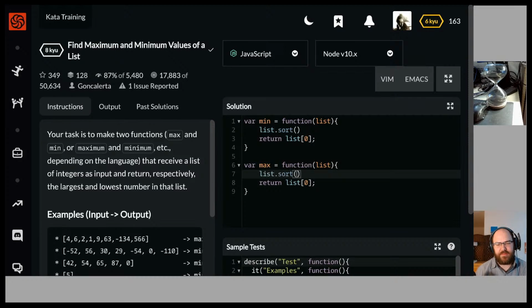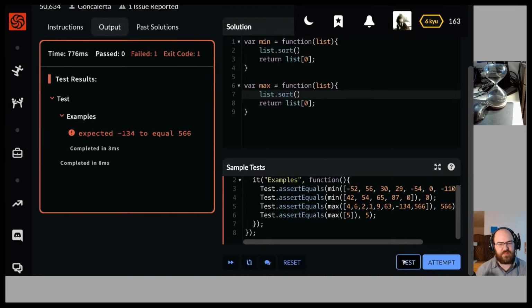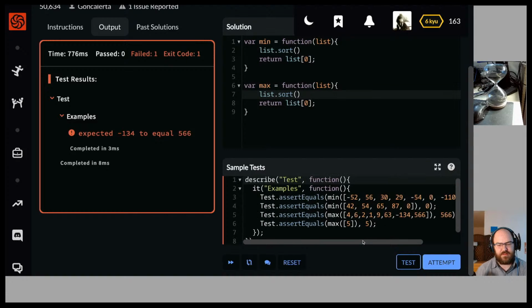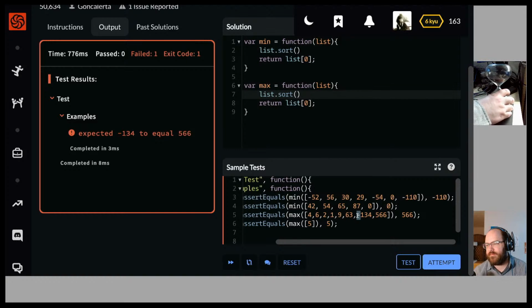And the default behavior is to sort on the string representation. So this should give wrong answers. Yeah, it's all mixed up. The minus sign is greater than any of the other things, so it mixes it up. Okay, anyway.